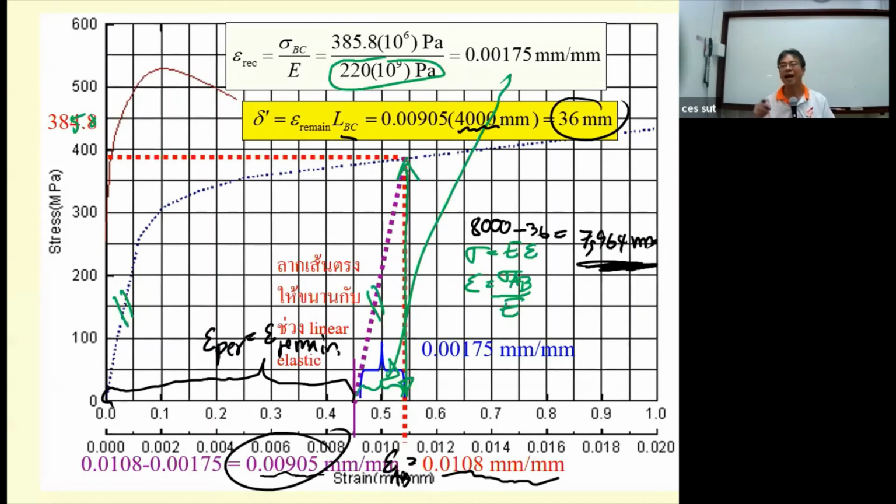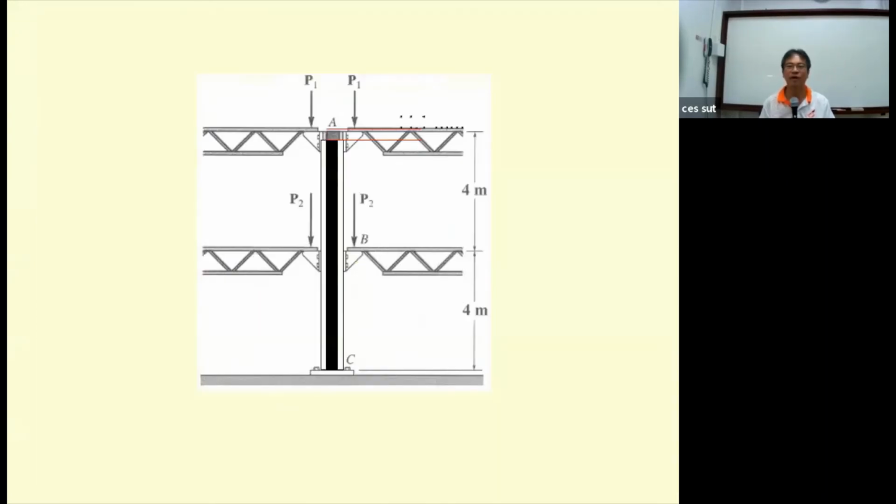Okay, so 8,000, and then it changed to 7,940 something. And then when you release the force, it's 7,964 millimeter. If you prefer, you may draw this picture. Under the application of force, you may see this one will shorten by 44.1. This one will shorten by a total of 43.2.